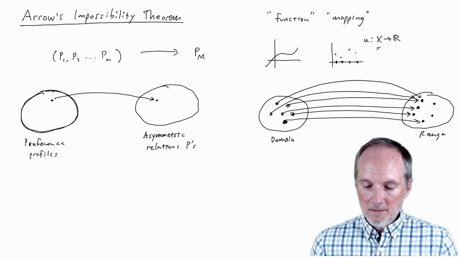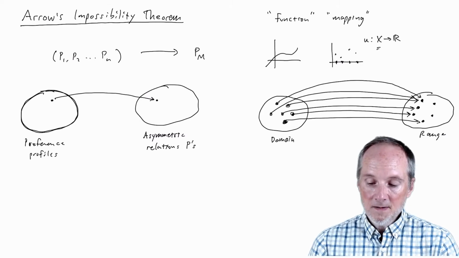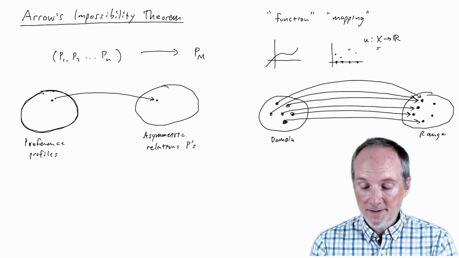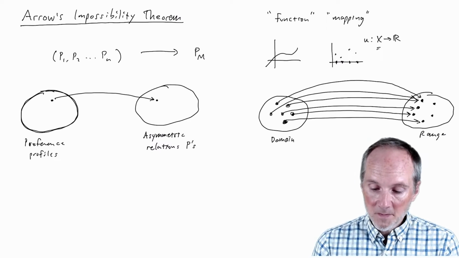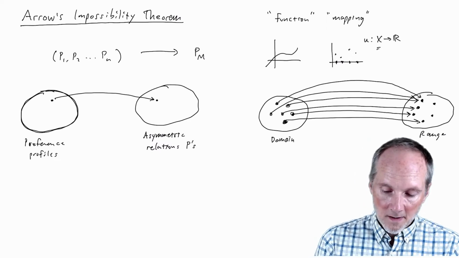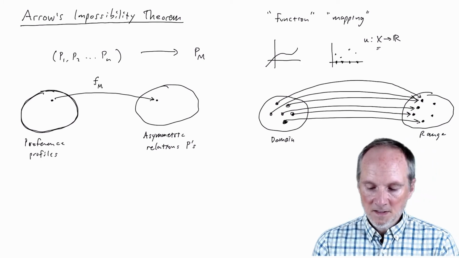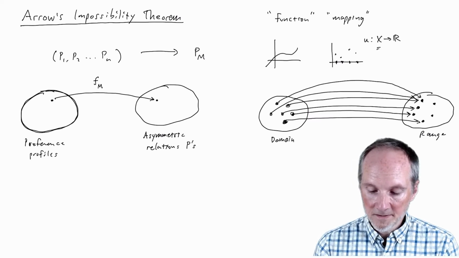Now, this is so we can define this majority preference function. We actually did that, but we just didn't have the language for it. So we've defined a majority preference function, and let me give some notation for it. I'll use a little f for function and subscript m, so we know it's the majority preference relation.